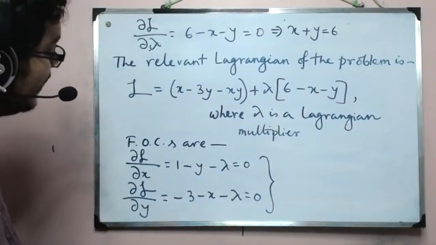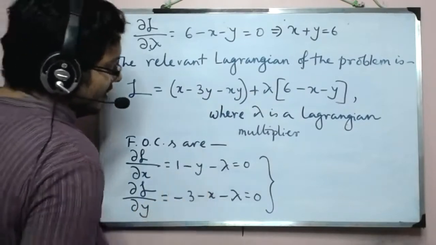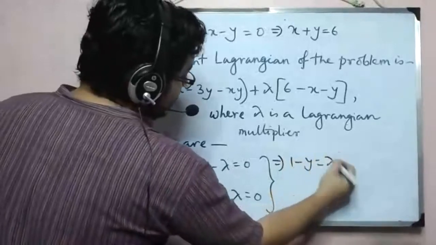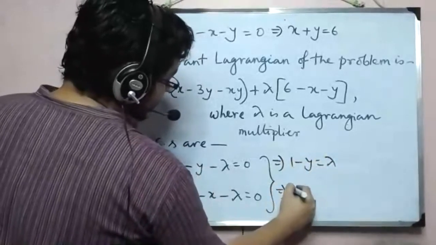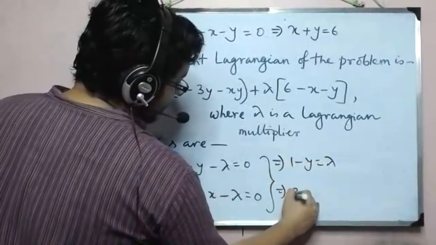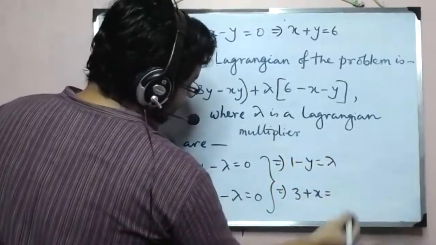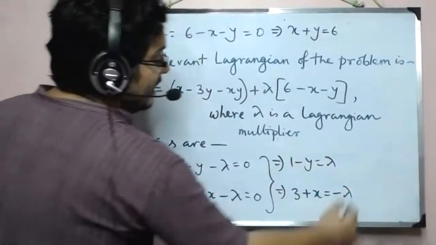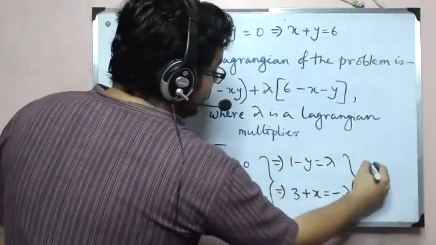Now, to find x and y, we will deal with these two conditions. The first one gives us this, the second one will give us this, and then we'll take a ratio.